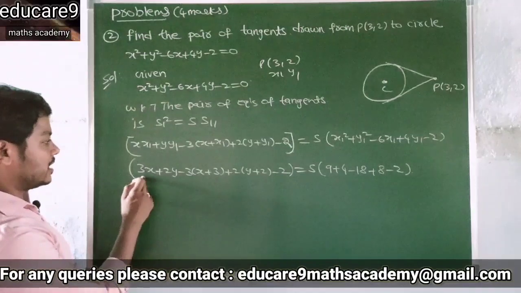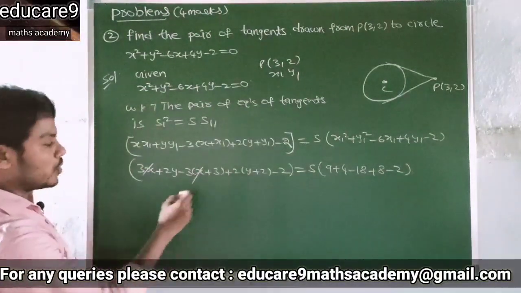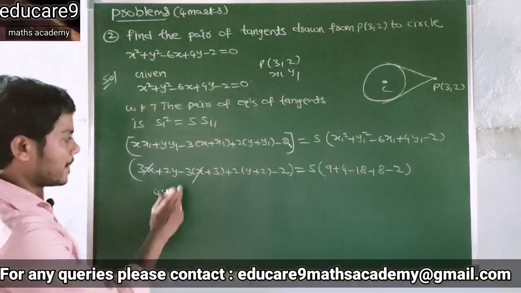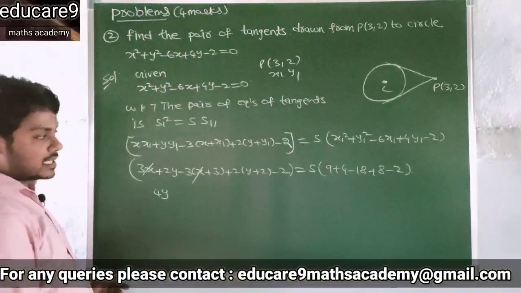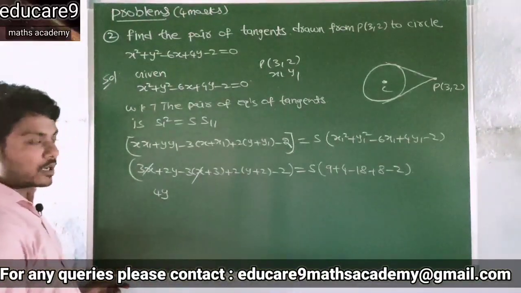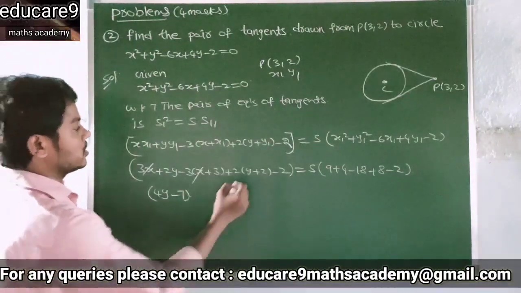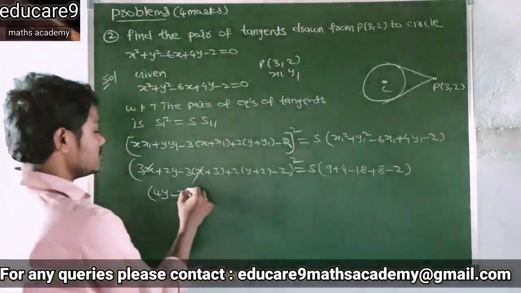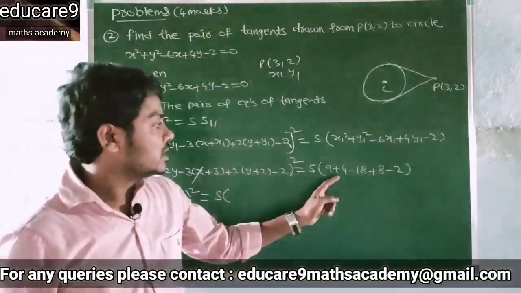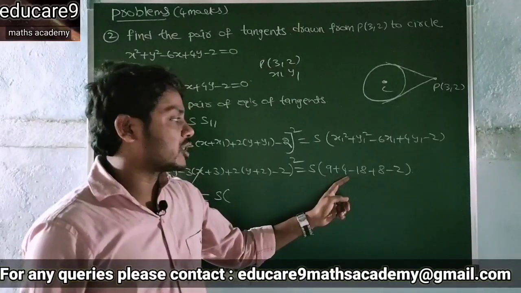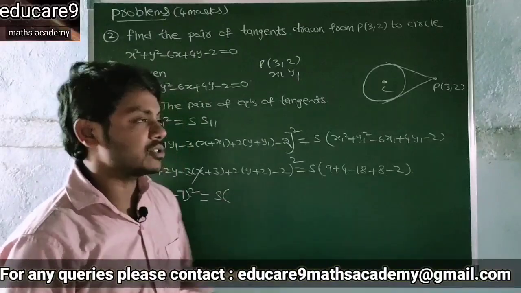Now 3x minus 3x get cancelled. So 2y plus 2y, that is 4y, minus 9 minus 2 minus 11 plus 4, that is minus 7, whole square is equal to S into S11 value, that is 9 plus 4 is 13, 13 plus 8 is 21, 21 minus 20, that is 1.